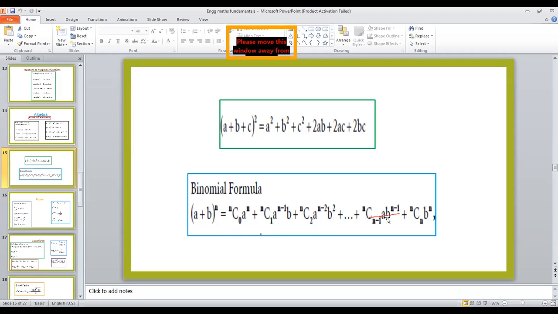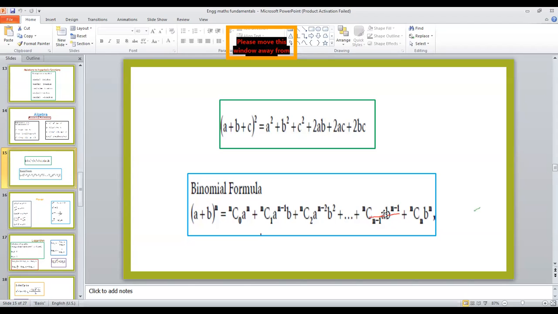Someone has asked a query about the last second term of this expansion. Yes, I will clear it here. So nc n minus 1, yes, correct, no doubt. So nc n minus 1 is a raised to 1 and b raised to n minus 1, plus. Now in the next term, the index of the first term will decrease by 1. Already there is 1, how do you reduce?